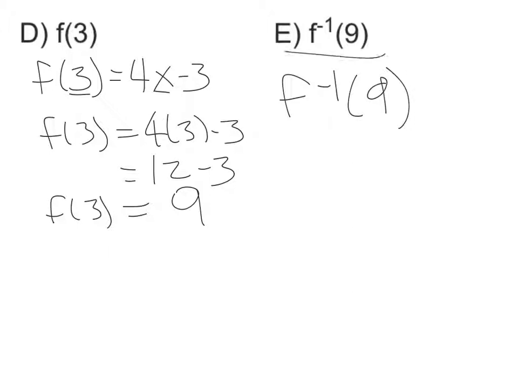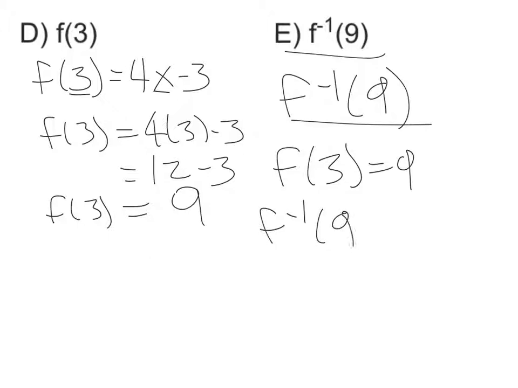And that's the exact same as the example right there. So what happens is f at 3 equals 9 inversed is also f of 9 equals 3. So then that's the answer for example E, is that the inverse at 9 is 3.